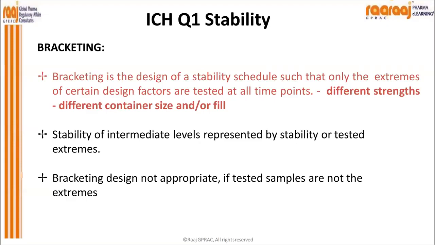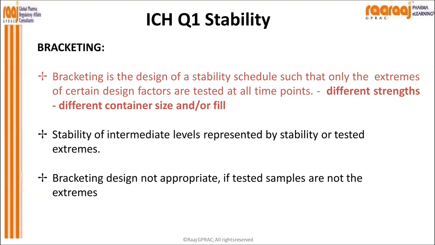So in that case, you can consider 3 strengths, 3 batches, 3 packs, and 3 conditions. So big data. So you can design your protocol in such a way that for the different strengths, different container sizes and fills, you can take only the extremes for certain design factors tested at all the time points.